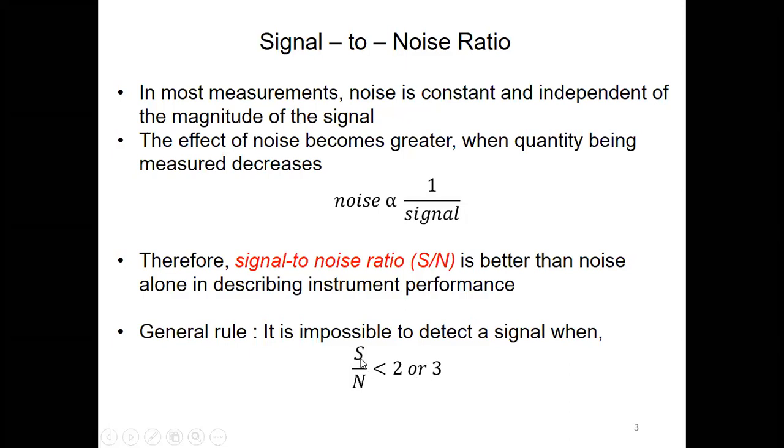Let's say when the ratio is less than 3, it is difficult or impossible to detect a clear signal. So always when we take a measurement from any instrument, the signal to noise ratio should be greater than 3, right?